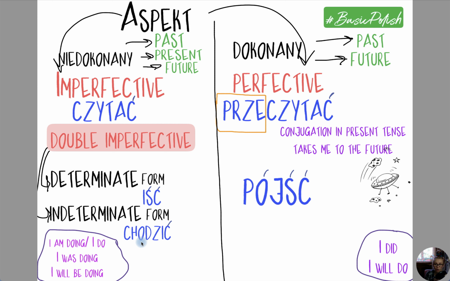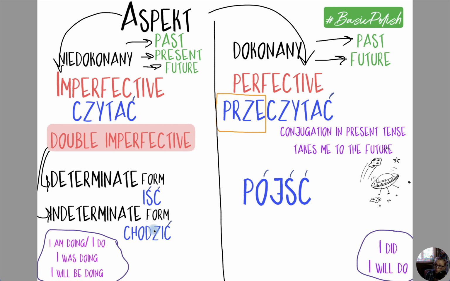So chodzić, right, if you conjugate this verb in the present tense, tells us that you go somewhere with some kind of frequency: never, often, once a week, once a year, once in 10 years, once a fortnight, for instance.